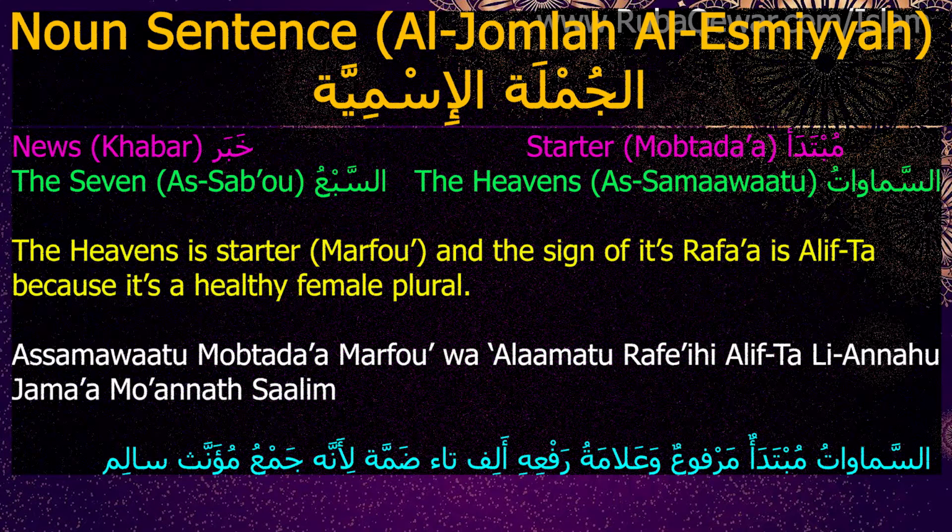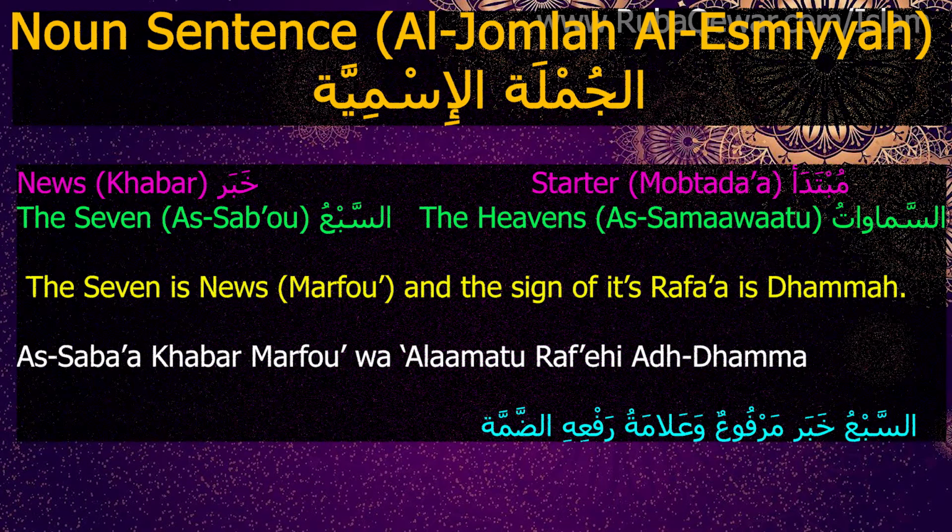So I say السماوات مبتدأ, means started, مرفوع وعلامة رفعه ألف تاء لأنه جمع مؤنث. السبع خبر مرفوع وعلامة رفعه الضمة. That's it.